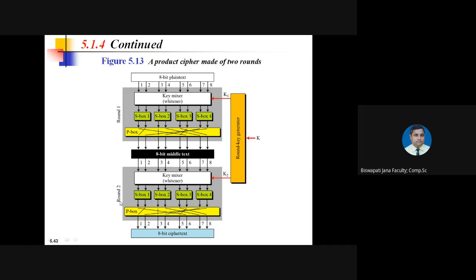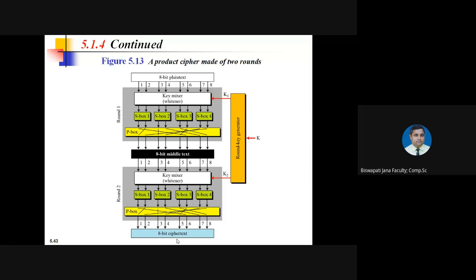So in this way, if we increase the rounds, then obviously the input bit pattern has been changed and the relation between cipher and plain text has decreased. So the diffusion has increased. Also, the relation between keys K1, K2 and the ciphertext has decreased.